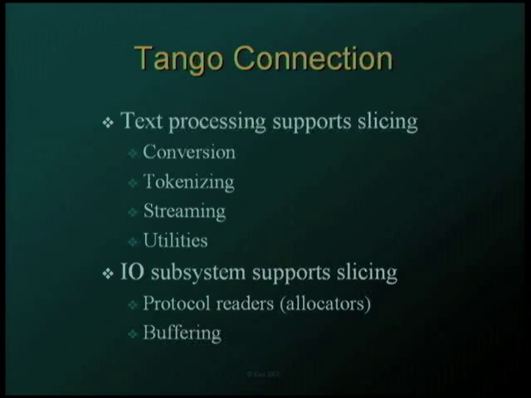All right. So how does this all tie in with Tango? Tango is a library that implements some of these notions at various levels, particularly in the text processing arena. The foreach, the line parsing example, it does that sort of thing. The integer conversion, and that sort of notion. It gives you the opportunity to pass in an output buffer, and if you don't, then it does what it does.